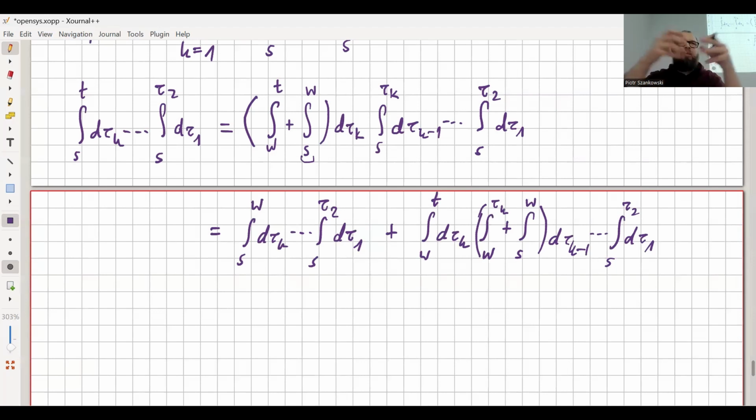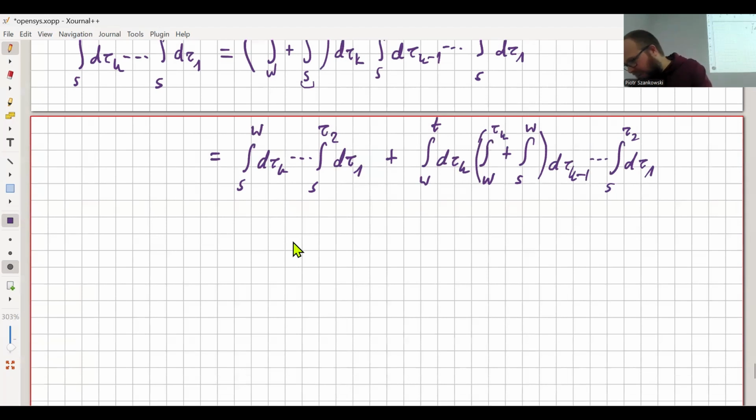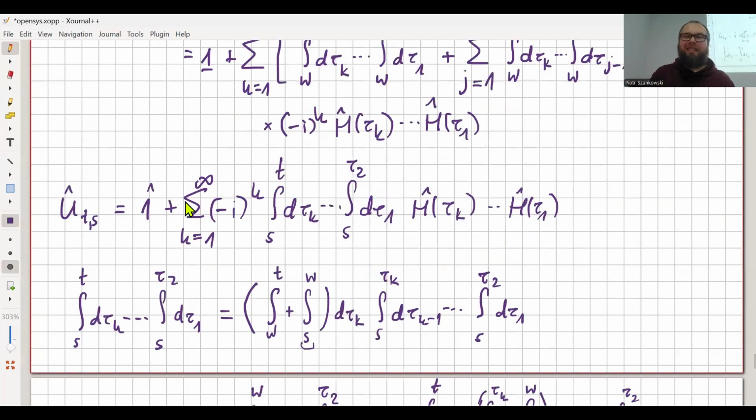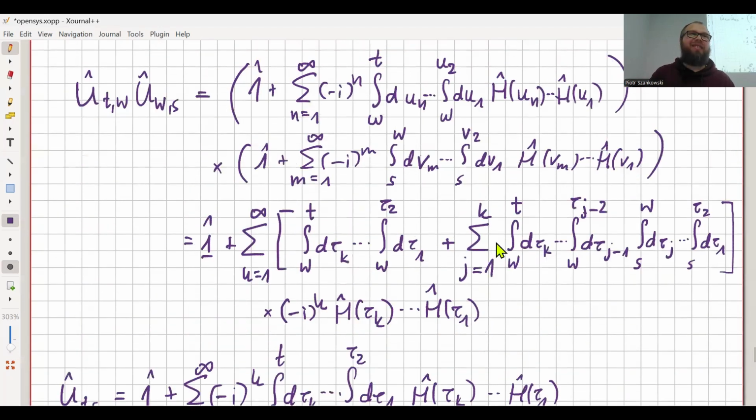Okay, and again, split and repeat. So I won't write everything down, but once you do a couple of iterations of this kind of procedure, you will arrive at the conclusion that indeed this guy here is the same as this guy here. Okay, this I will leave for your own inspection, and this is all you need to show.